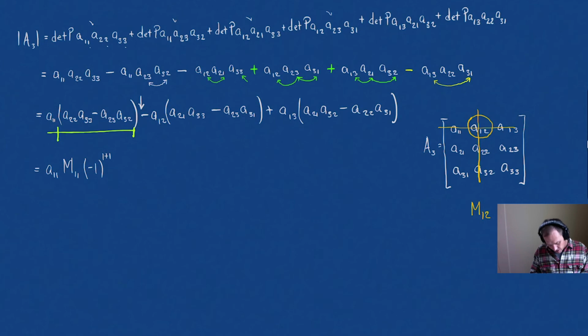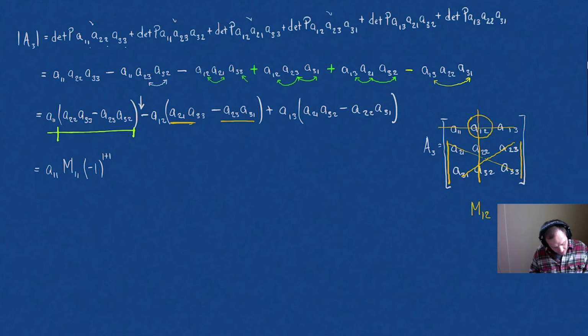So there it is. Let's see if this matches again. Here's A21 times A33 minus the anti-diagonal A23, A31. Oh, look at that. So let's record that as well now.